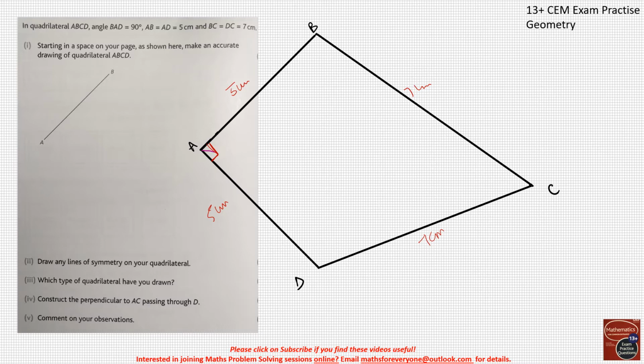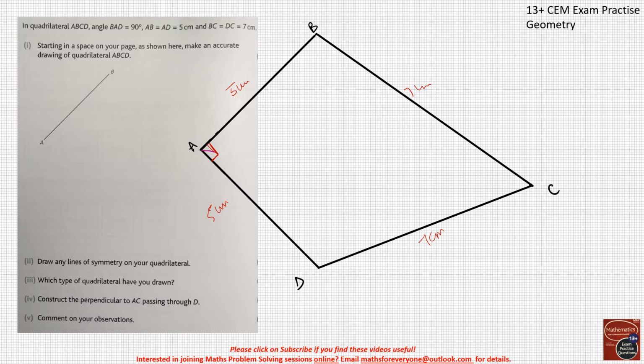That's the way I drew it. I've made sure that the sides measure exactly 5 and 5 and 7 and 7. However, it may be a little off because we used a different tool, but you will be drawing on paper, so yours will be perfect, but it will look like this.